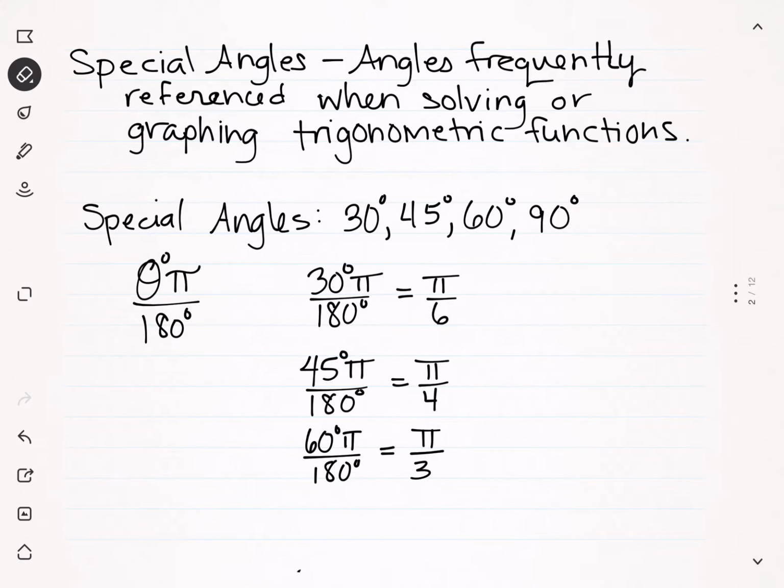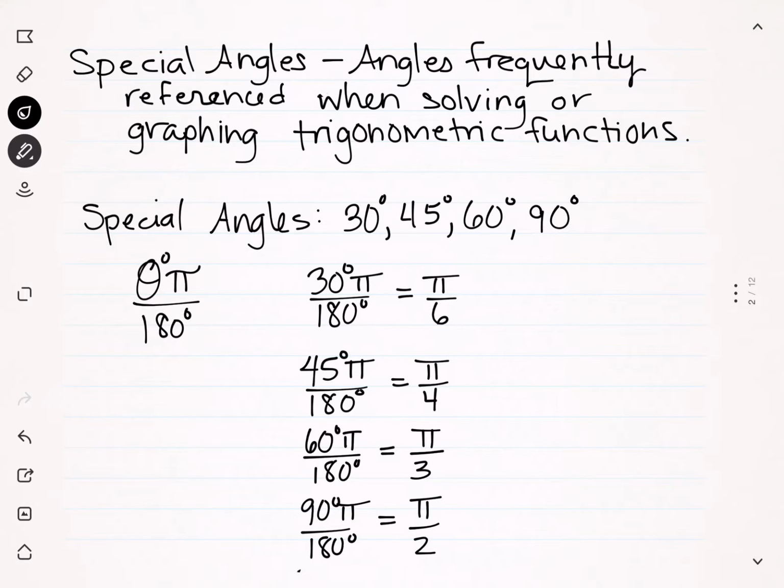And then lastly, 90 degrees, multiplying that by pi, 90 is going to go into 180 twice, so that is going to be pi over 2.